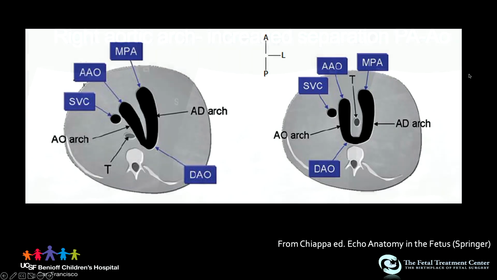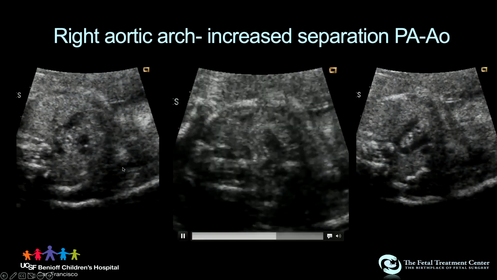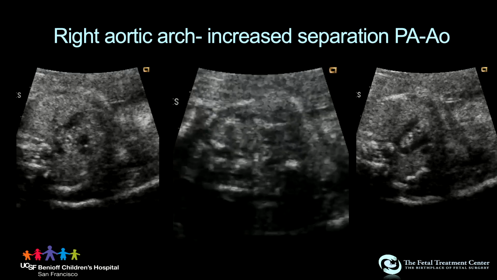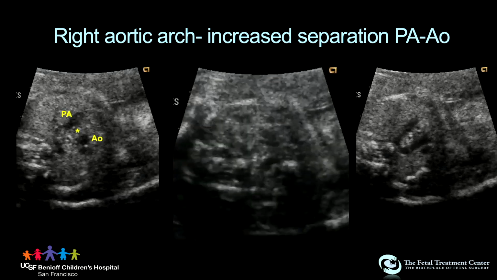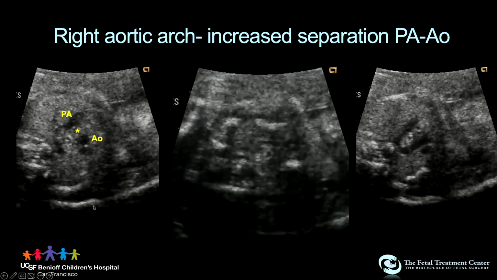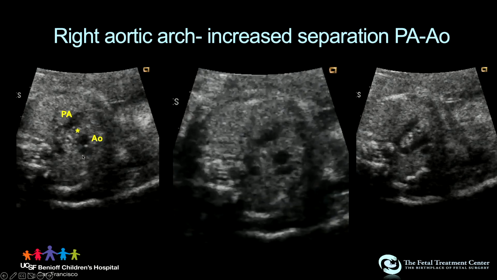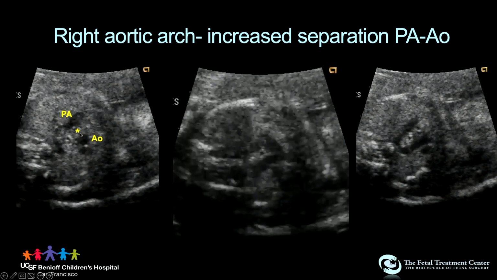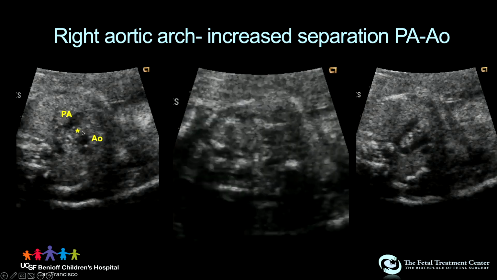So here's an example similar to what Michelle showed this morning. This is a fetus with a right aortic arch. One of the first clues is, Michelle's pictures were much nicer than these, but if you look here in this three-vessel trachea view, this is your superior vena cava, here's your aorta, here's your pulmonary artery.